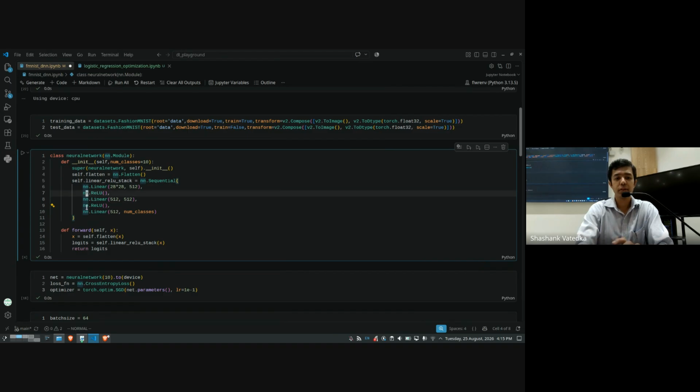There is first a hidden layer, followed by a ReLU activation, followed by another hidden layer, a ReLU activation, and a final linear layer. Each linear layer is just a matrix multiplication and a bias.